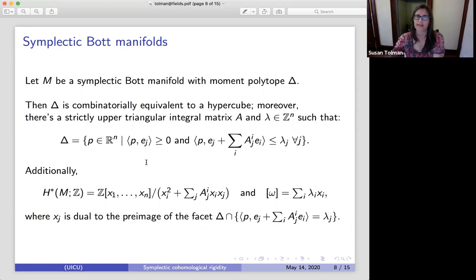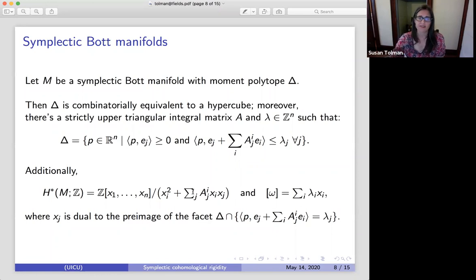So here we see that the normals are the e_j, well, I guess it's minus e_j, and e_j plus the sum over i of A_ij e_i. But this formula, it's maybe not so important that you get the details. I just want to point out that these A and lambda are exactly describing the polytope.